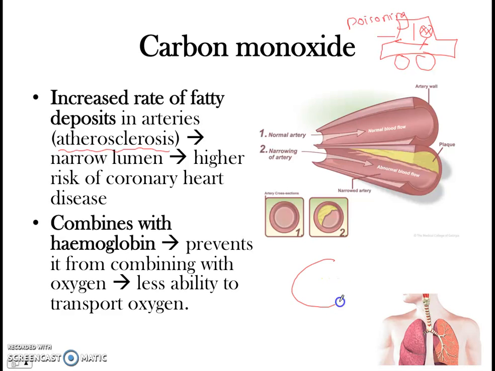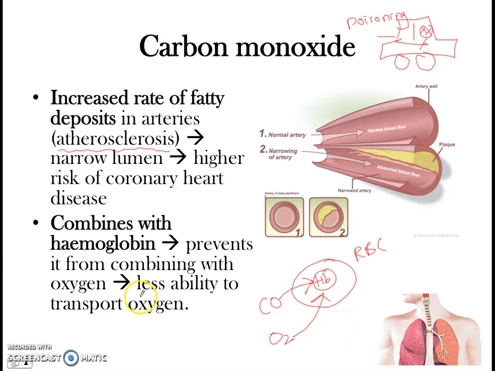So imagine your red blood cell, and inside your red blood cell there is hemoglobin. Normally hemoglobin binds to oxygen. However, carbon monoxide, if present in your body, competes with oxygen and also tries to bind with hemoglobin. So if carbon monoxide manages to bind to hemoglobin, then your red blood cells can no longer bind to oxygen and transport it.